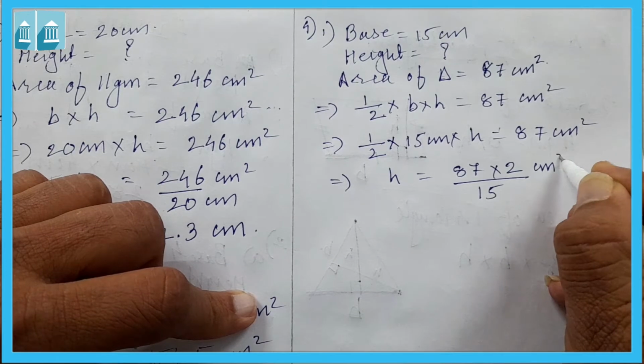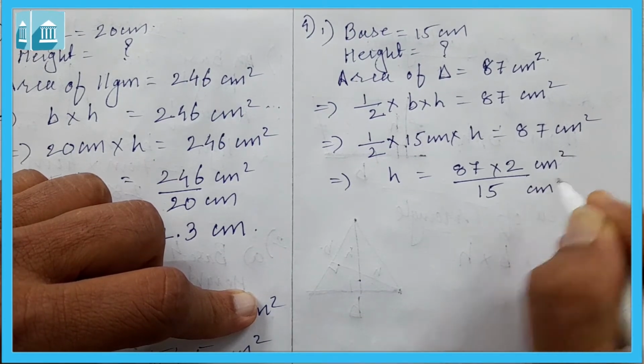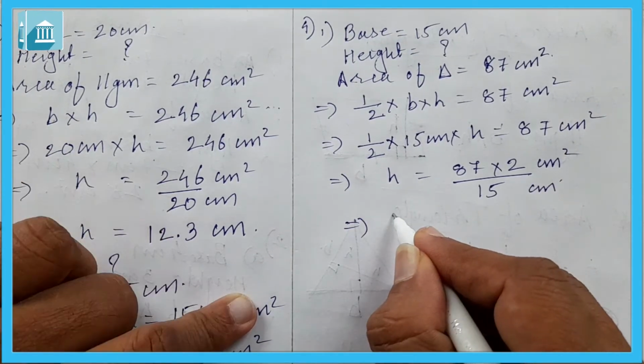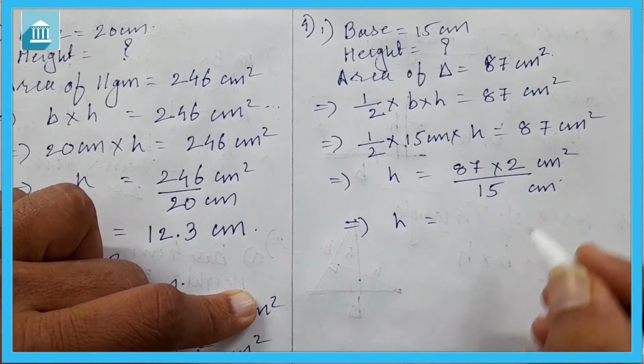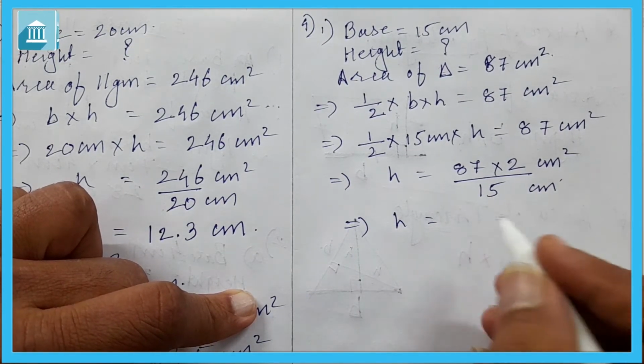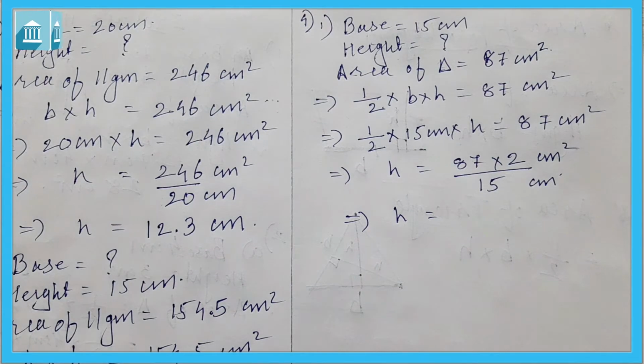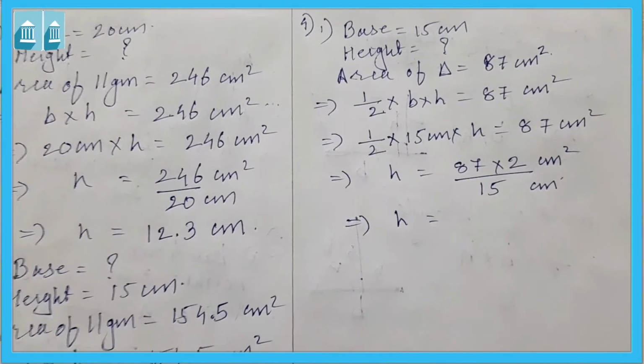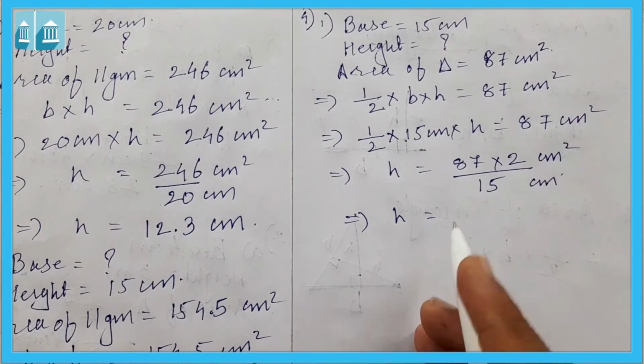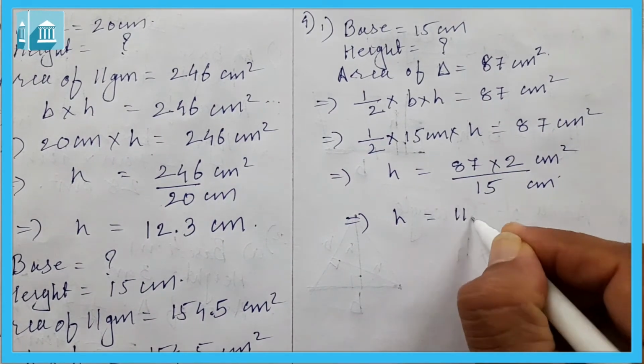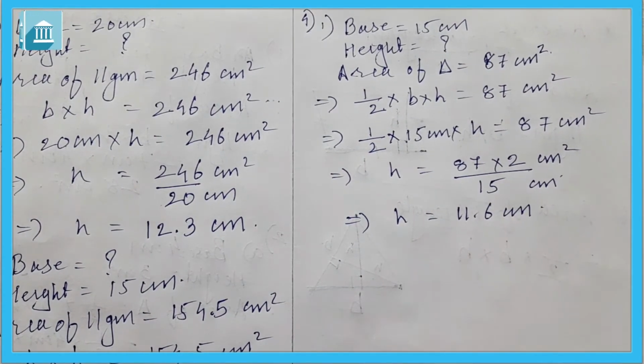Here centimeter square, here centimeter, and we apply that h here is equal to 87 into 2, so it will be 11.6 centimeter.